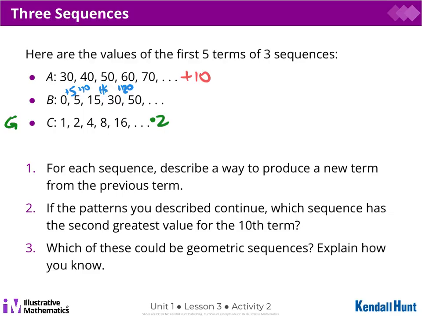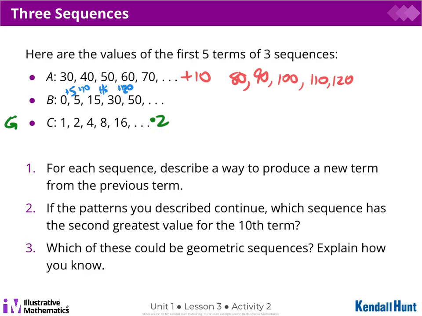Which sequence had the second greatest value for the 10th term? So we have to come back up and continue each sequence. For A, we keep adding 10: 80, 90, 100, 110, 120.